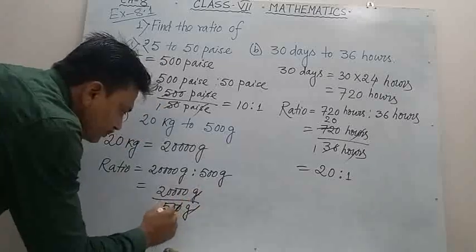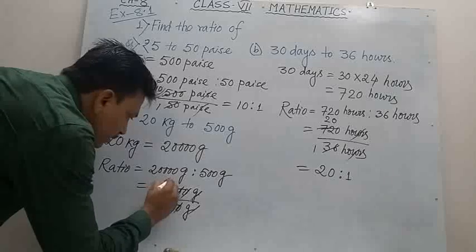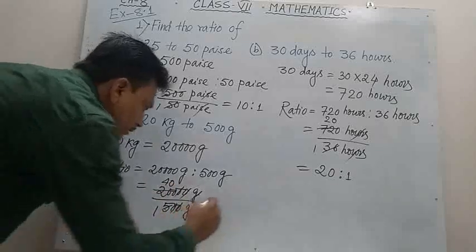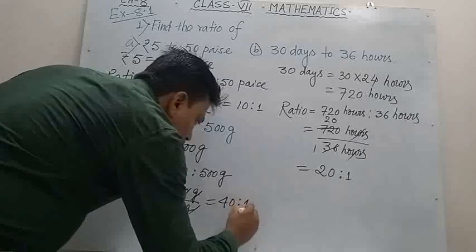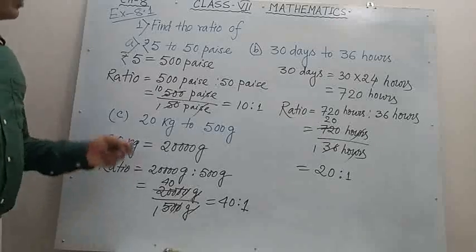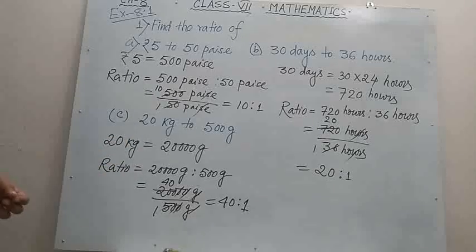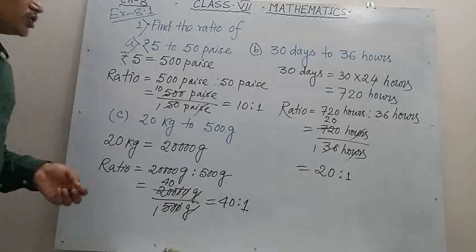Gram cancels out, 20 out, 5 into 40, here is 1. So the required ratio is 40 is to 1. In this way, we can find any ratio.